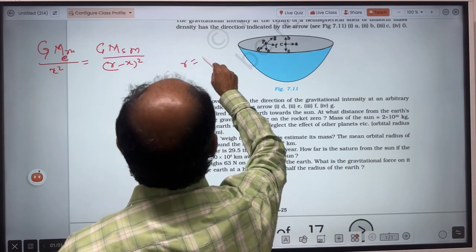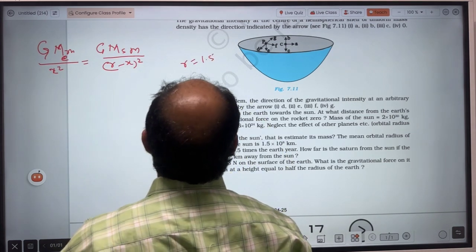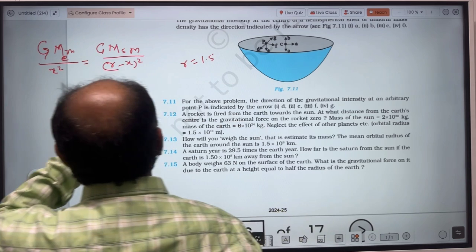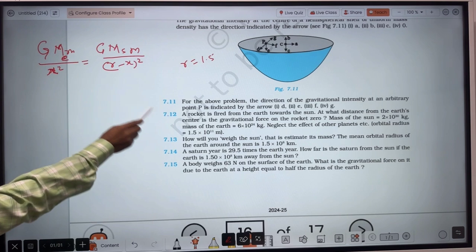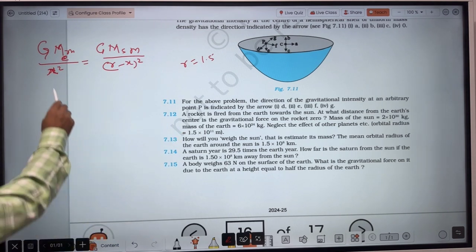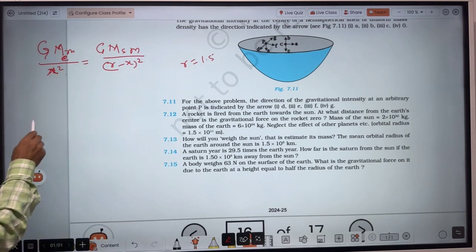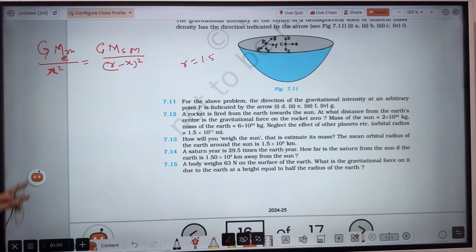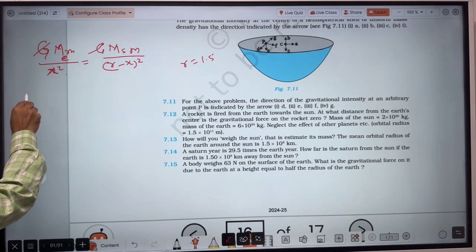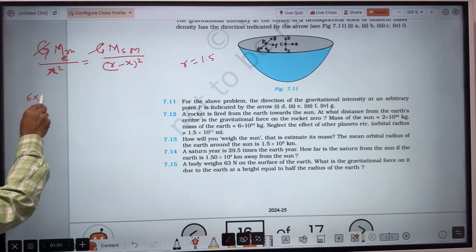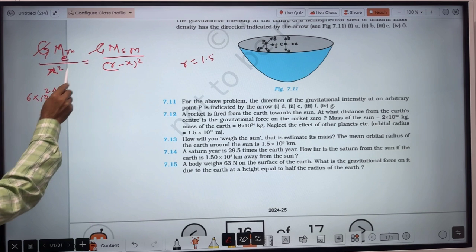Just take R equal to 1.5. Later on we can add that value. So calculation will become easier. Or if you take that value 10 power 11, then here also you have to write it, because R and X must be in the same unit, otherwise subtraction will not be possible, or if it will be possible it will create difficulty for you. So G cancels out.